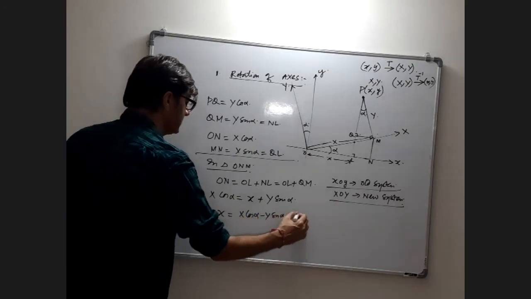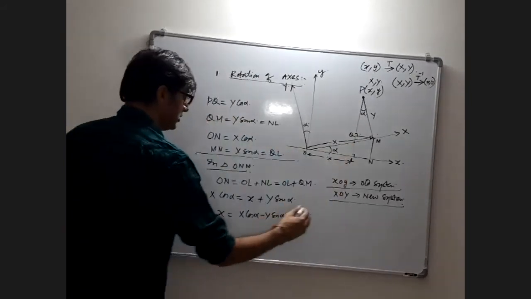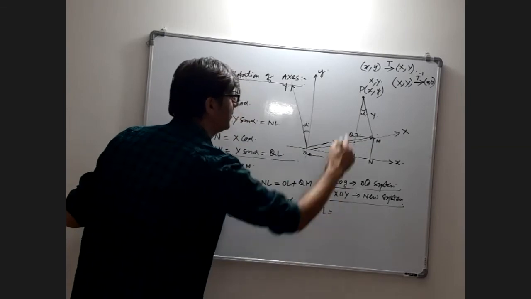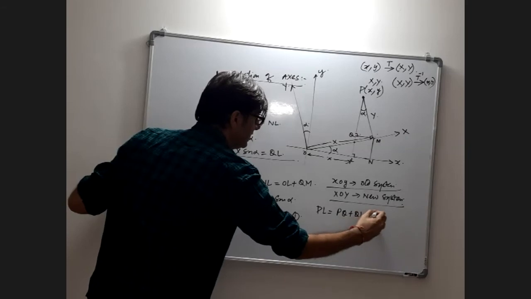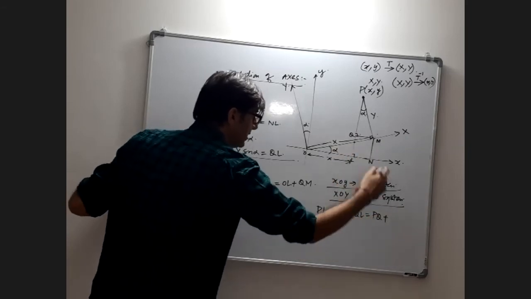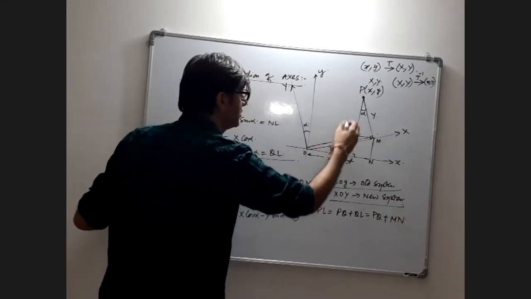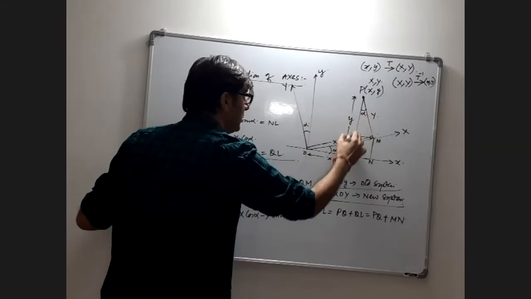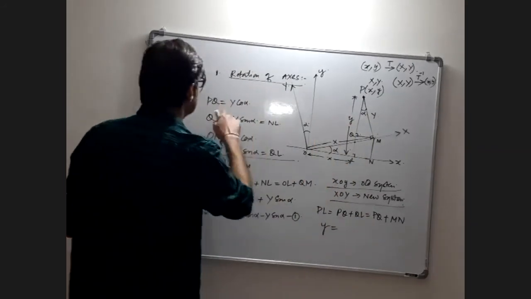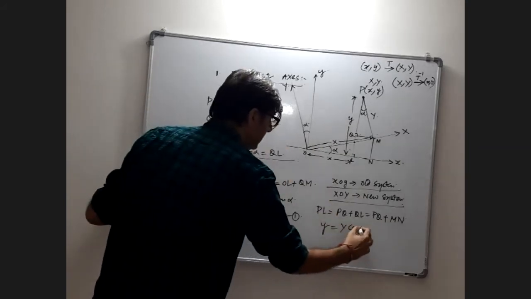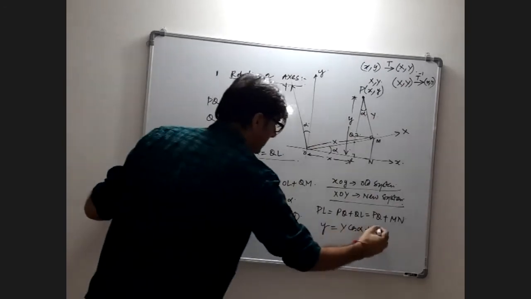This is the first equation. Similarly, what is PL equal to? That is PQ plus QL, and QL is equal to ML, which you also know. So PL is the complete small y. So y is equal to PQ plus MN. PQ is y cos alpha, and MN is equal to X sin alpha.